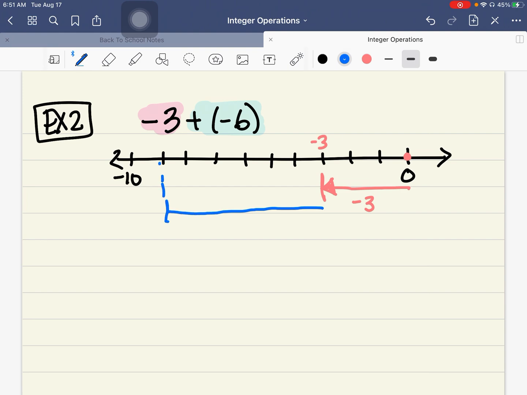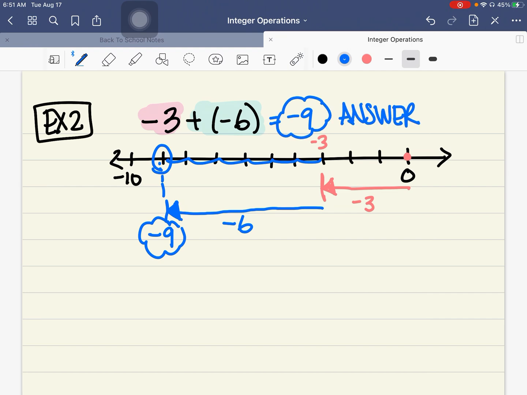And if you're wondering, it's 1, 2, 3, 4, 5, 6. So going in that direction, remember, going to the left is negative. There's -6 more. So that puts me right here, which is not quite at -10, but it puts me at -9. That's our final answer, -9.